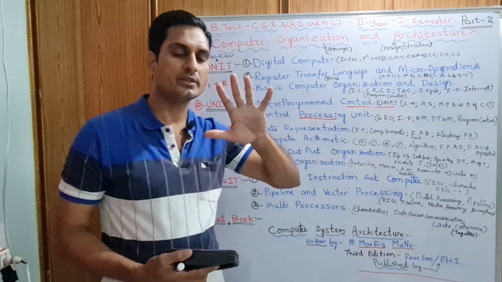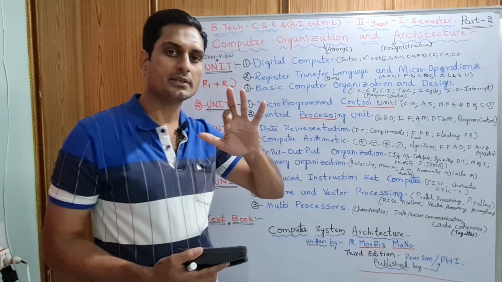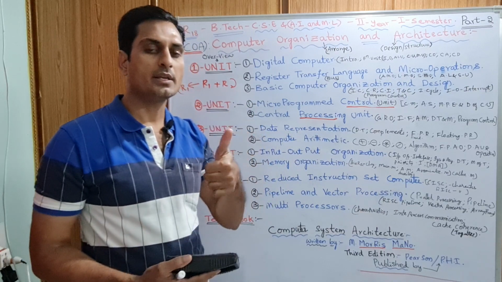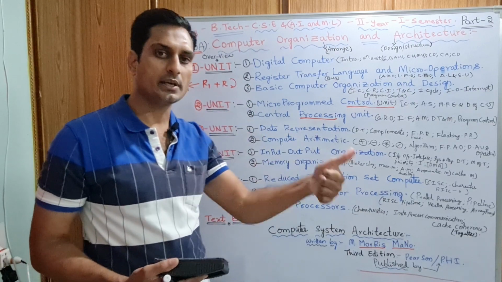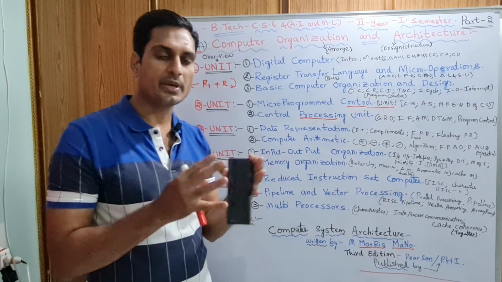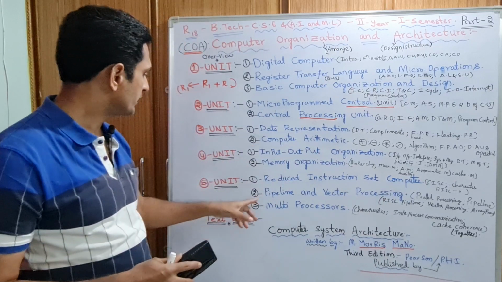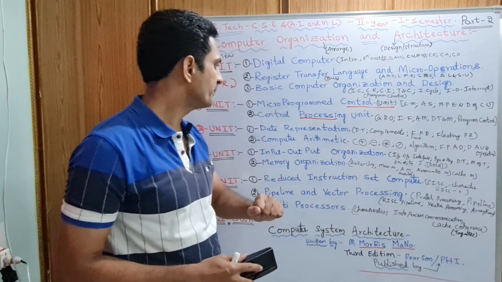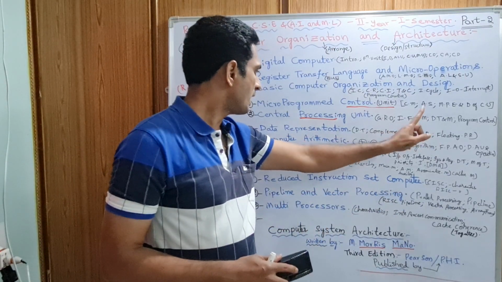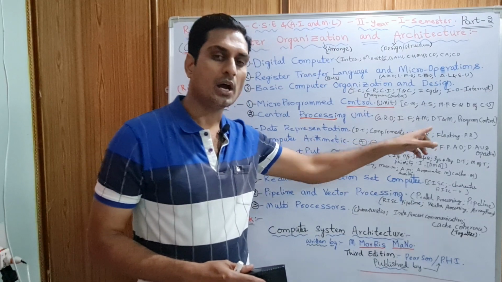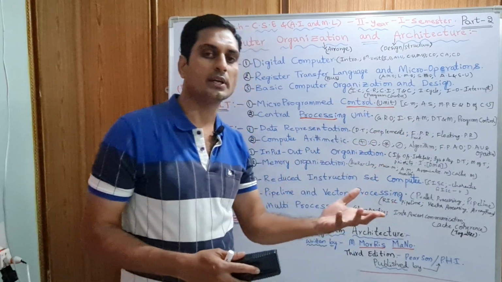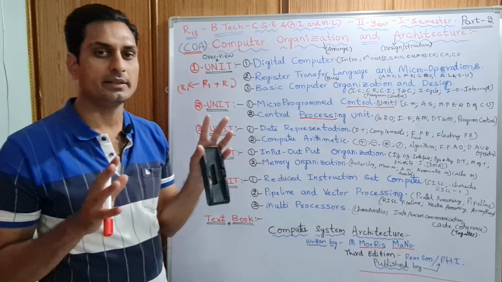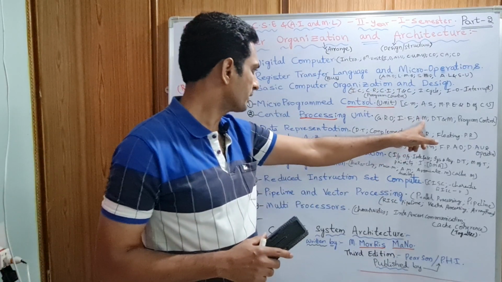Here we have 5 instruction types: 3 address instruction, 2 address instruction, 1 address, 0 address and RISC. RISC means reduced instruction set computer, reduced, compressed, right? That is also there, RISC, important. And we have addressing modes: how addresses will be stored, the addressing methods, address storing methods. We have 10 there. This is also important.